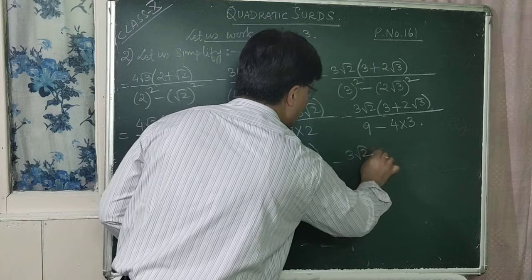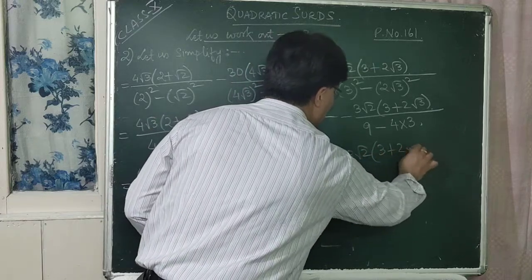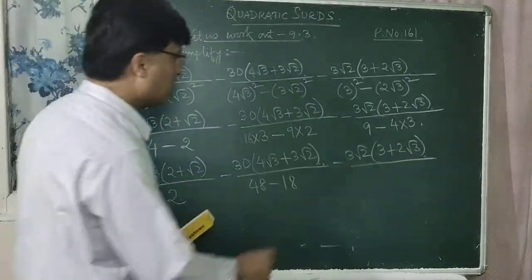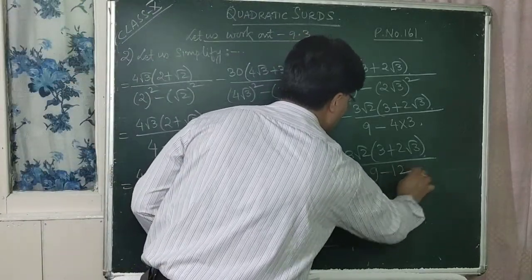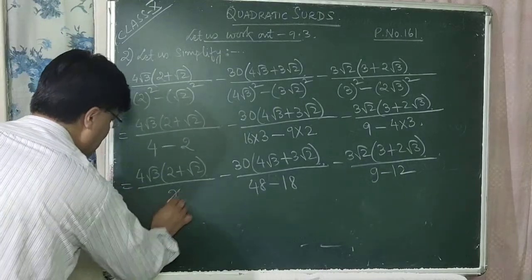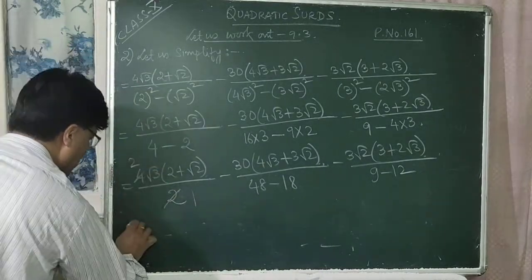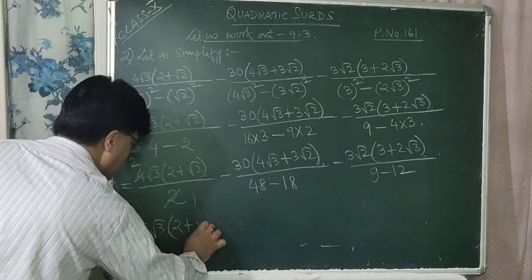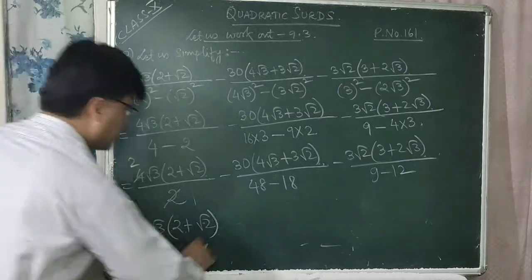Minus 3√2(3 + 2√3) whole divided by, now it is 9 minus 12, right? So here you can cancel 2 1s are 2, 2 2s are 4. So it is 2√3 within bracket (2 + √2), right?